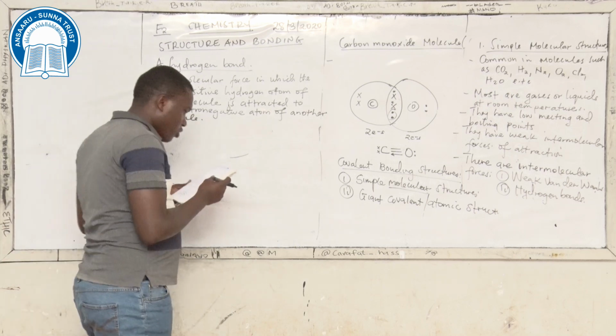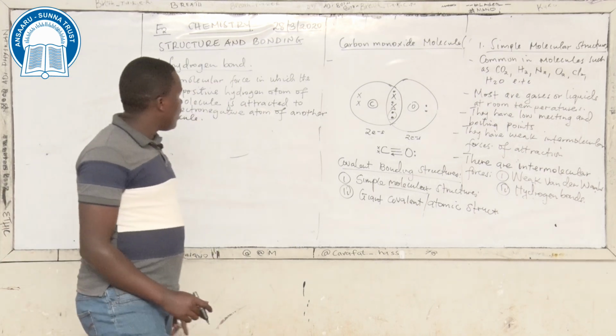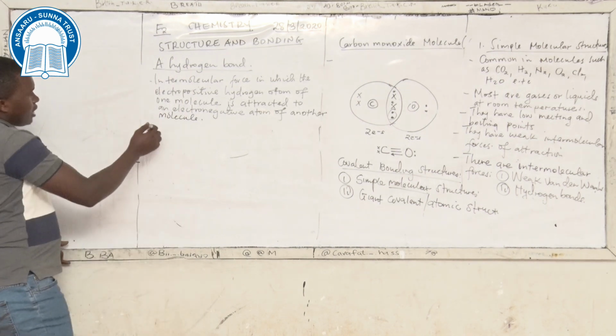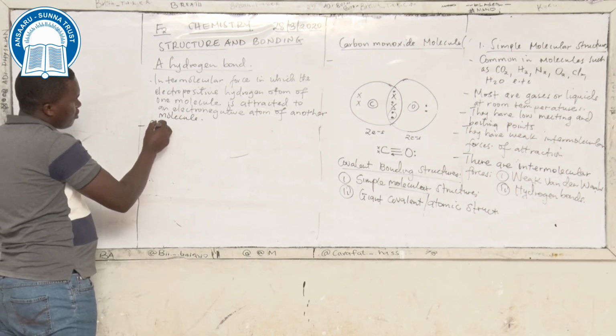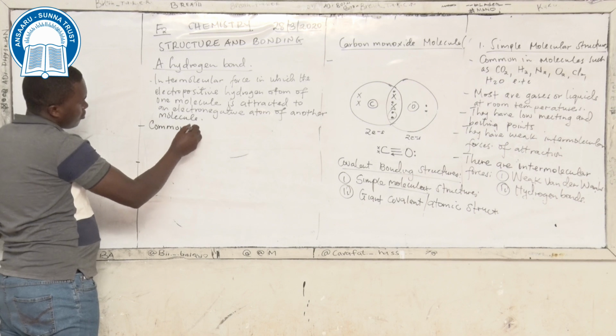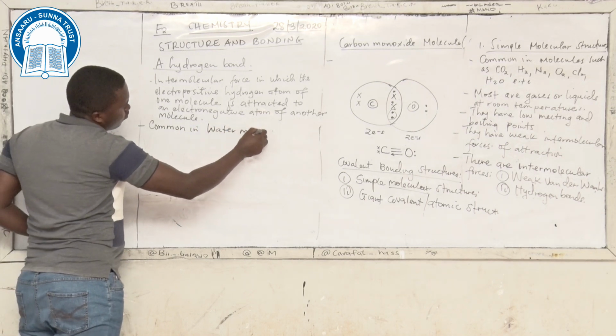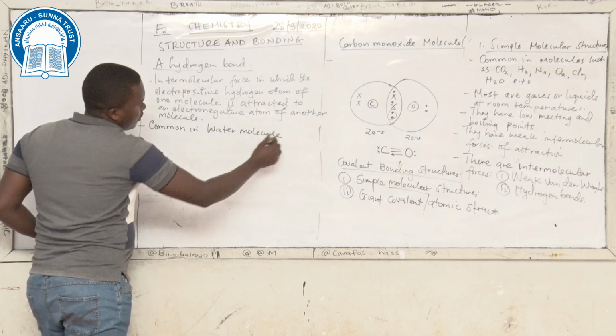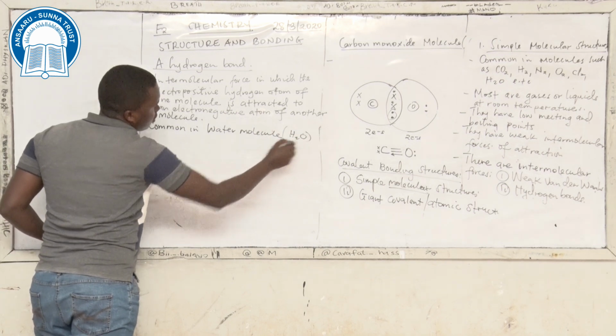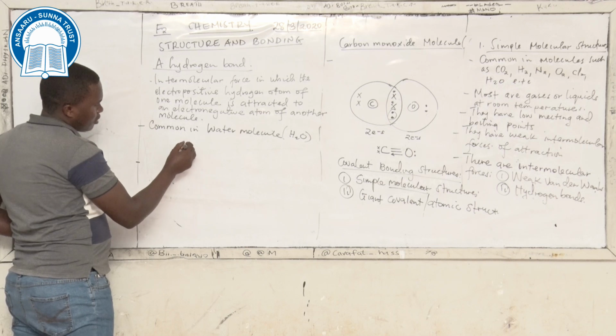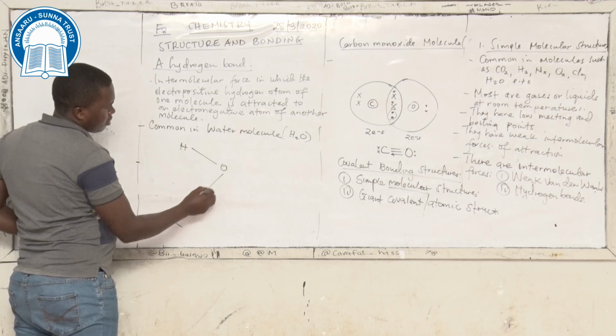This one is common in the water molecule, whereby we have hydrogen and oxygen, the H2O. So you can have a water molecule.